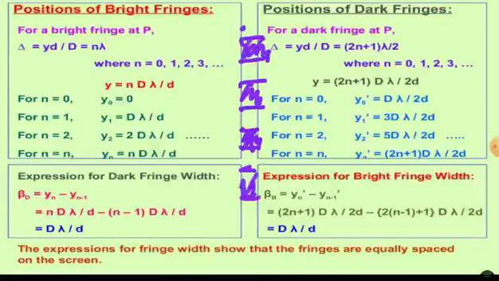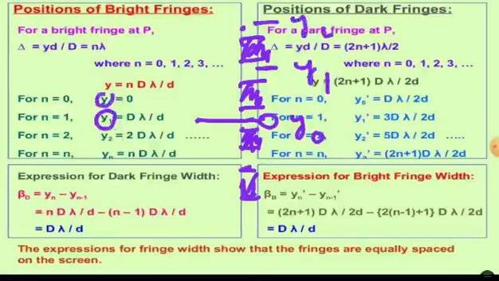Suppose this is the central point on the screen, denoted by O. The y0 is here, y1 will be here, y2 will be here. I'm just marking these.